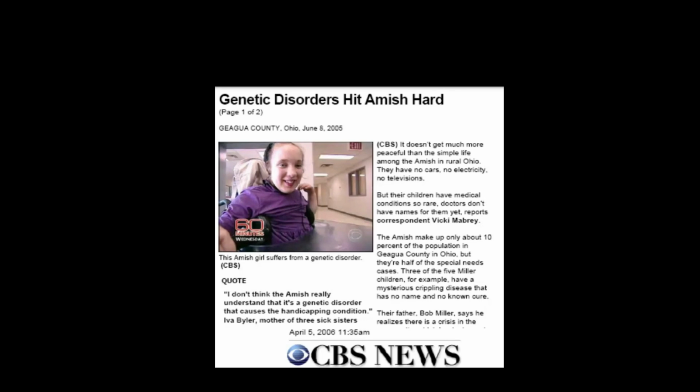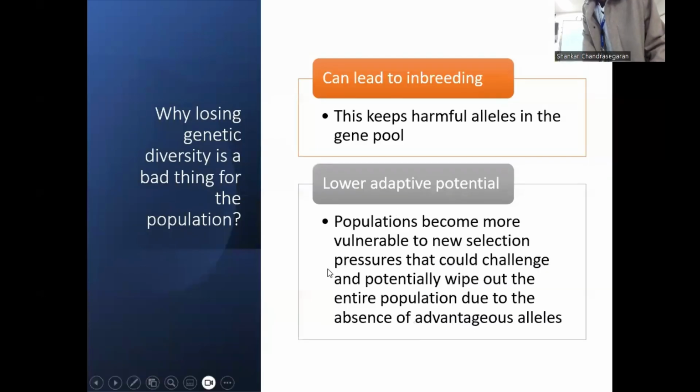And over time, if it continues to happen over multiple generations, that's when you get the people who are suffering from a lot of these genetic disorders because they have accumulated all of those harmful alleles within themselves, and that in turn gives a phenotype as a genetic disorder or a disease that has a very negative effect on the individual. All right, let me just include this into the PowerPoint as well.